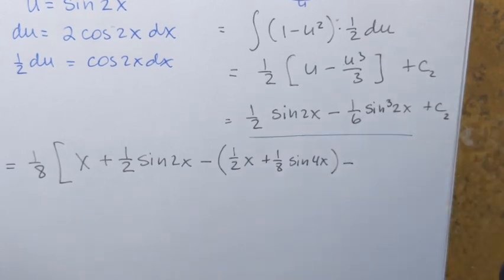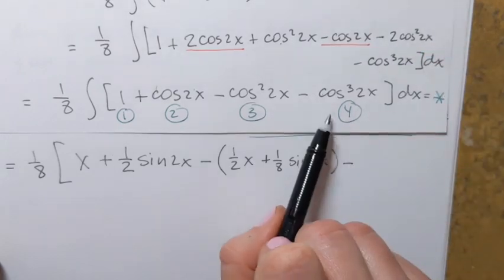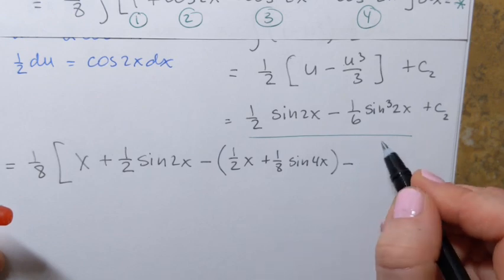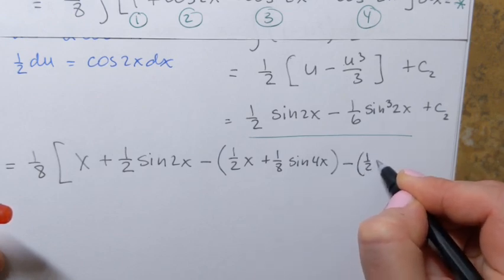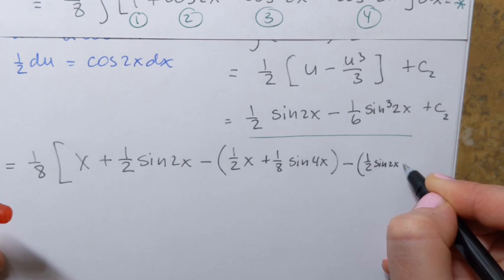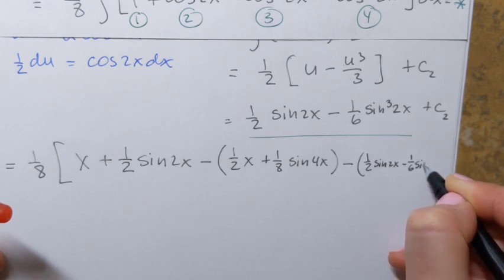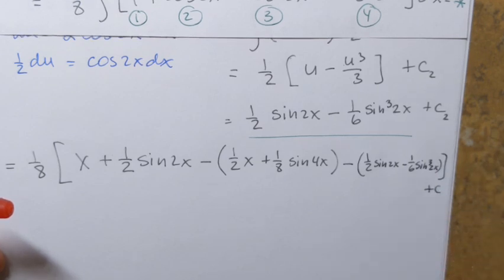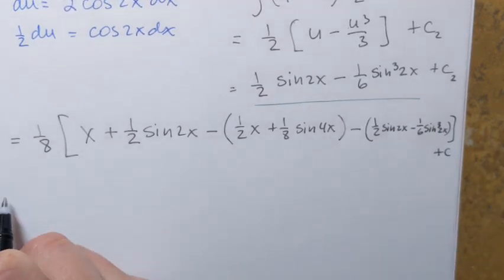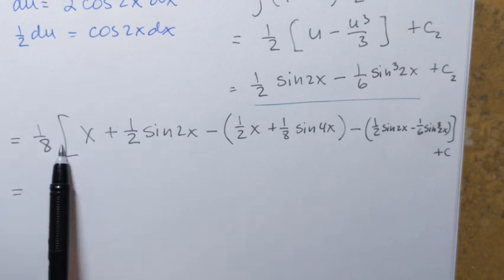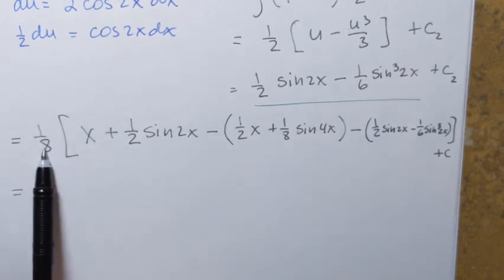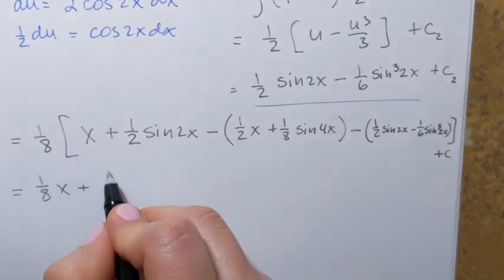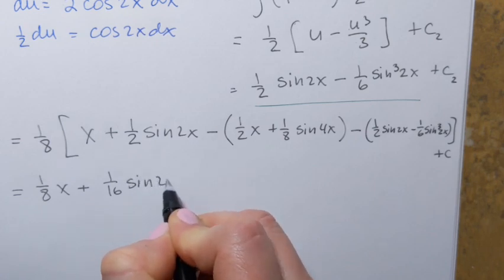And then minus, go back here, minus the result from the fourth part, and it's over here. Minus, again, parentheses: 1/2 sine of 2x minus 1/6 sine cubed of 2x plus c. Here it is. Okay, I am clearing all the parentheses and along the way multiplying by 1/8. 1/8 x plus 1/16 sine of 2x.